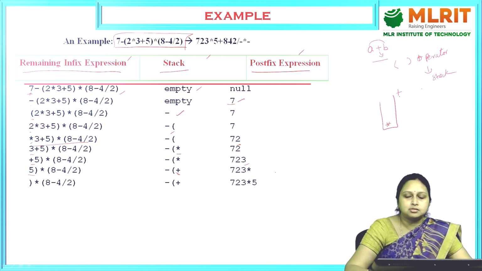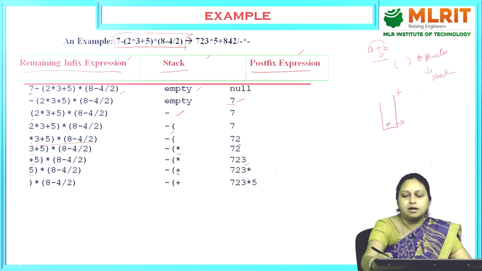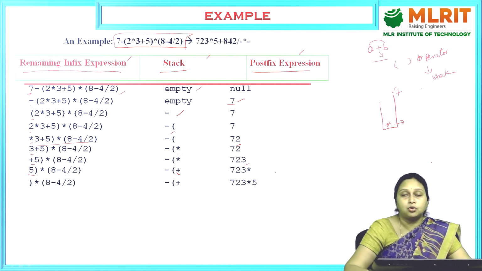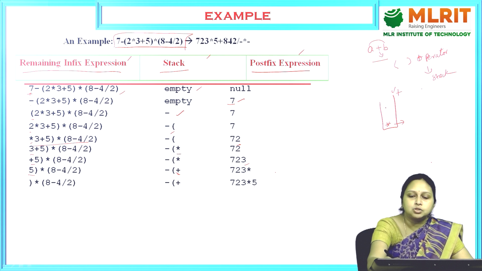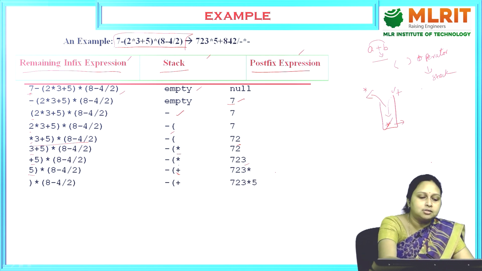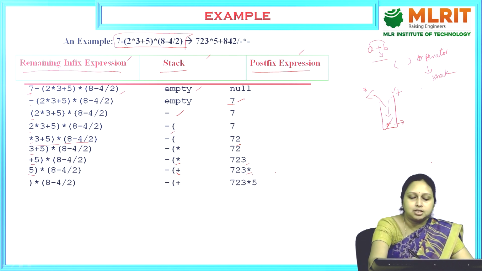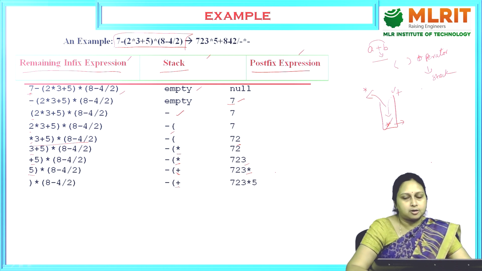If the higher priority operator is in the stack and the incoming symbol has lower priority, in this case we pop the star and place it in the postfix expression, and then we push plus onto the top of the stack. This is the condition you need to remember.